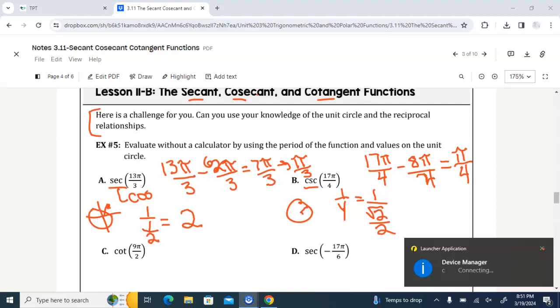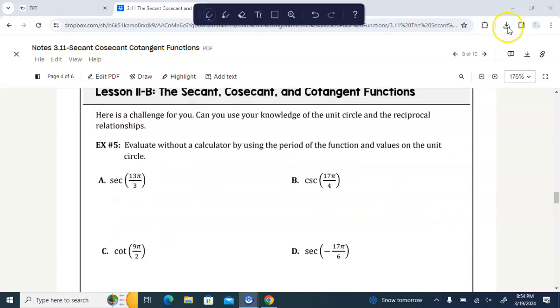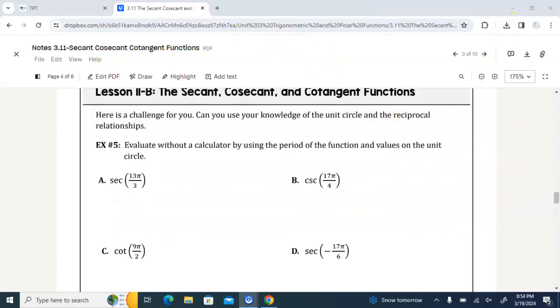And now again, I multiply by the reciprocal and flip it around, and I get 2 over root 2. And now if you rationalize that denominator, you just get square root 2. Okay? Times top and bottom by root 2.